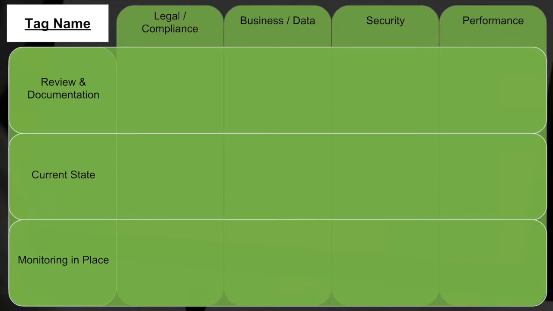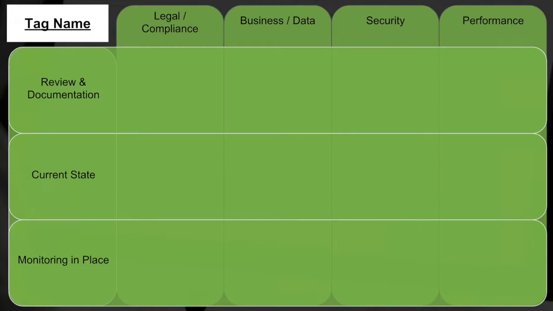For each tag, I want to think about, similar to how we were thinking about this before when we looked at the overall tag management process and lifecycle, for my 4 different teams or my 4 stakeholders, do I have documentation? Has this platform, has this tag been reviewed by each of the teams? Have the questions that we've covered before been answered? Yes or no? What documentation do I have? Organize that for each of the different tags.